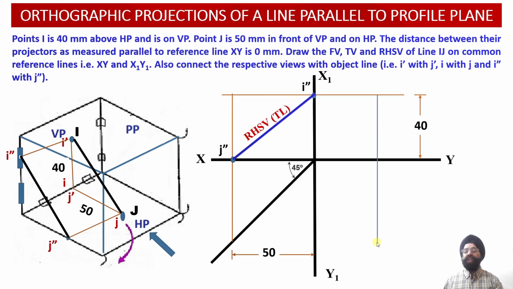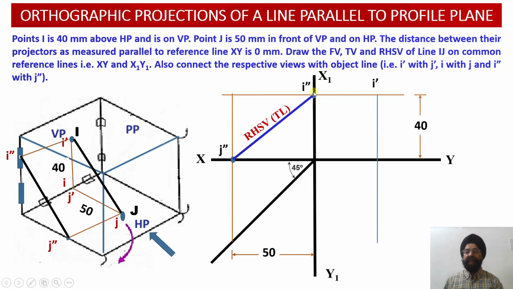All these 4 points will be lying across this particular vertical projector line. Why? Because the distance between the projectors of the points I and J, measured parallel to the reference line XY, is 0. So points I dash, J dash, I and J, all of these 4 points will be located alongside this vertical projector line over here.